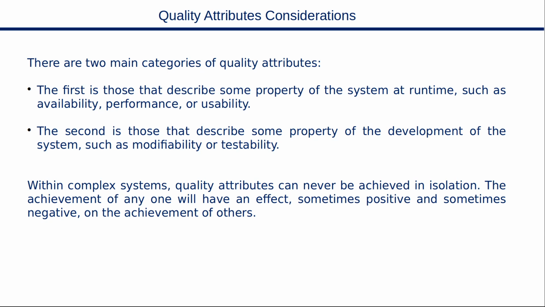Within a complex system, quality attributes can never be achieved in isolation. This is one of the key points that should be in your mind when you are working with this part. The achievement of any one will have an effect, sometimes positive and sometimes negative, on the achievement of others.